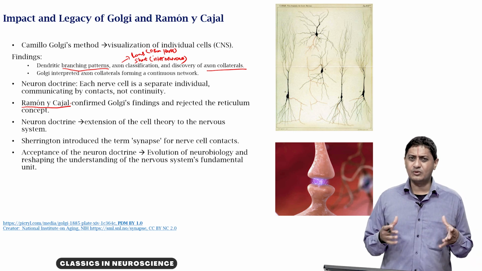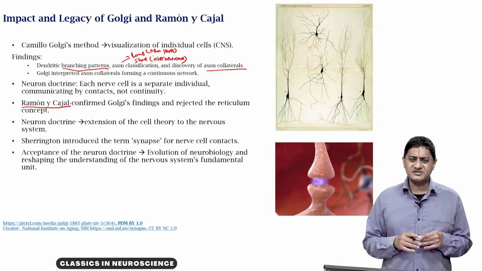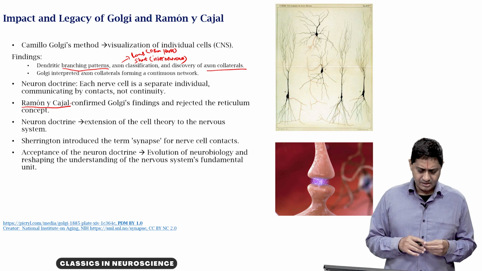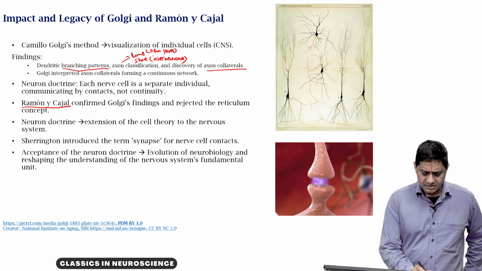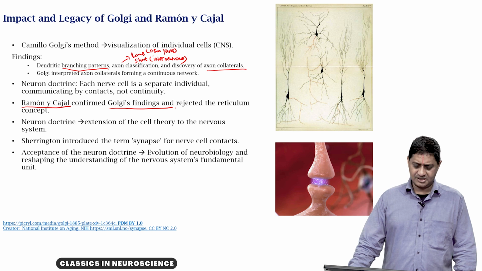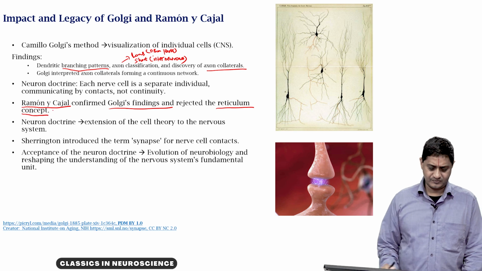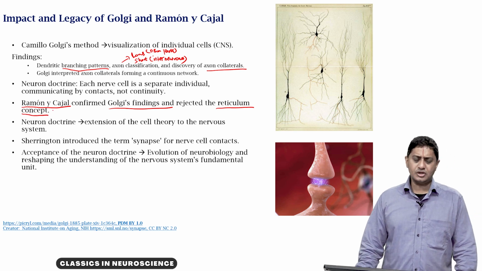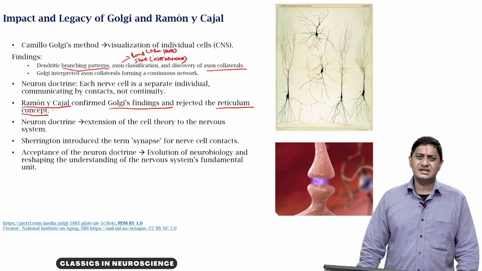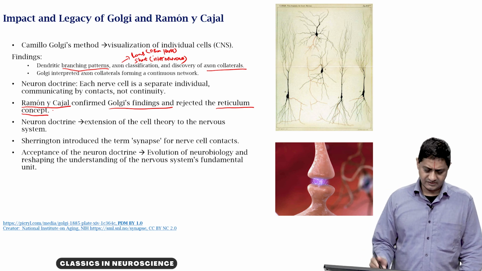This is something that we now know to be accepted. Of course, this is something that we have discussed in our previous videos, just refreshing. So, Santiago Ramon Cajal confirmed Golgi's findings on other aspects of organization, but he rejected the concept of continuity, the concept of reticulum. So, the neuron doctrine is essentially an extension of the cell theory applied to the nervous system.